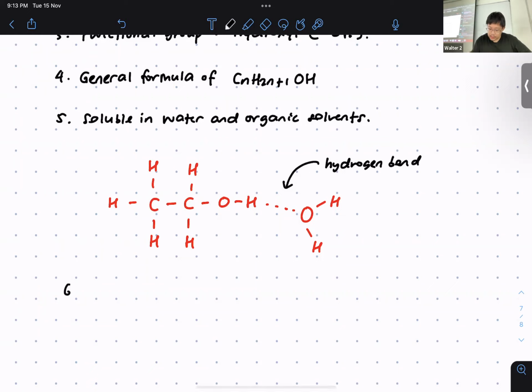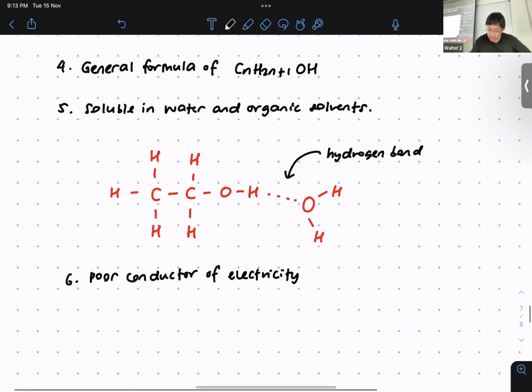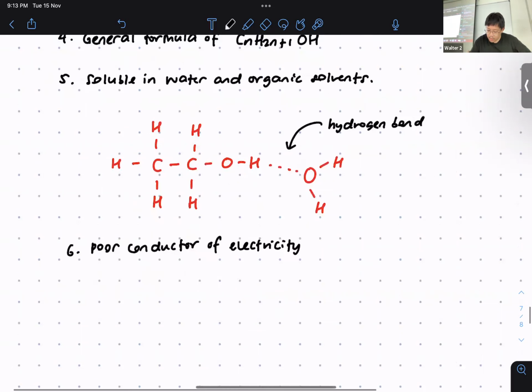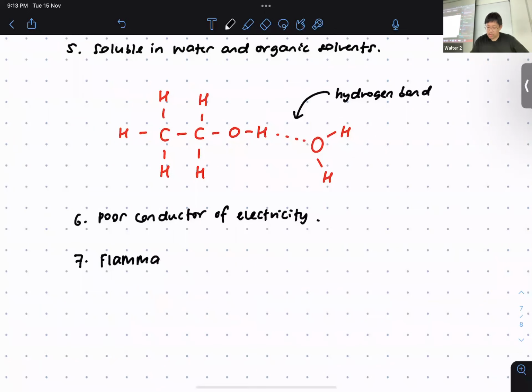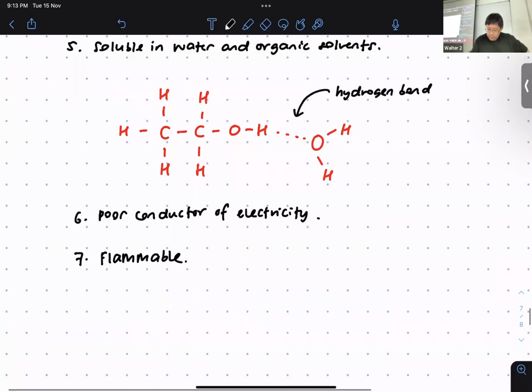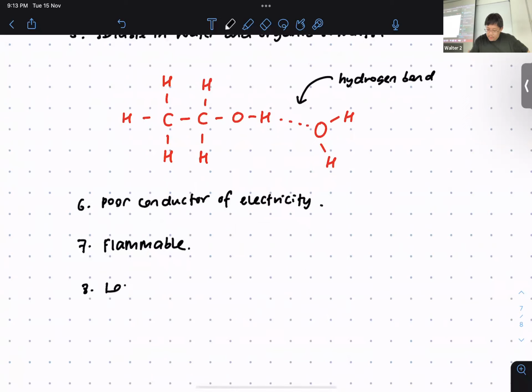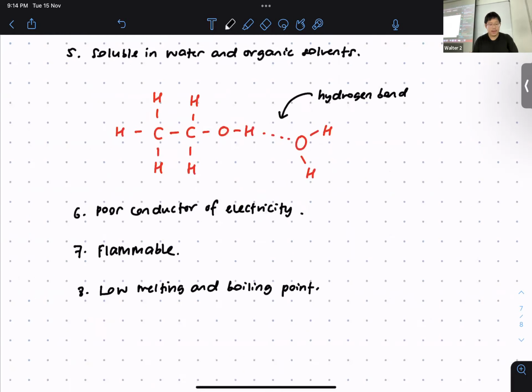So I'm going to put it over here: conductor of electricity, flammable, low melting and boiling. So these are the standard properties of alcohol.